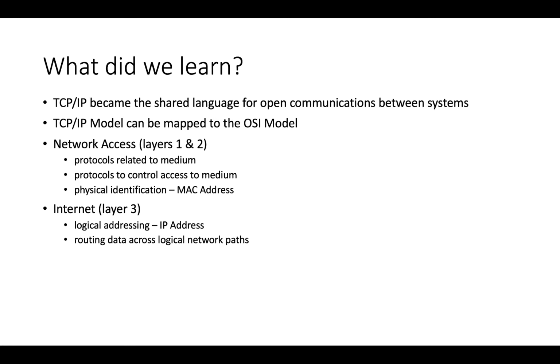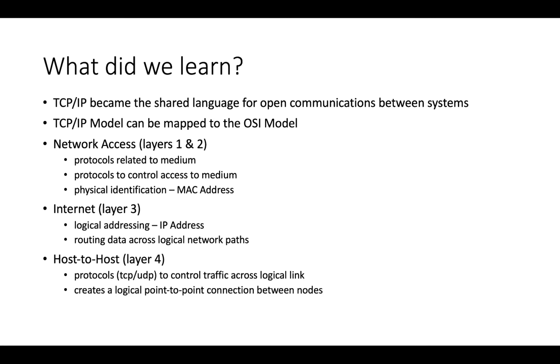Internet Protocol or IP addresses reside at this layer. Layer 3, or the Internet layer, is also responsible for routing data across logical network paths. The host-to-host layer, or Layer 4, has protocols, specifically TCP and UDP, to control traffic across a logical link. It creates a logical point-to-point connection between nodes.